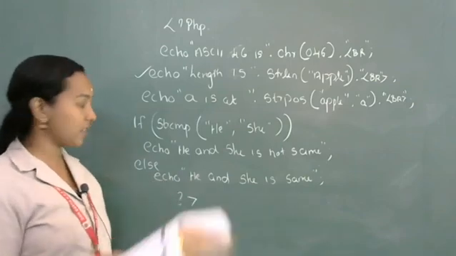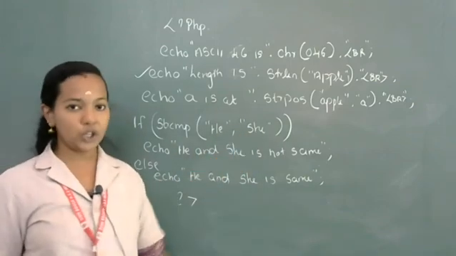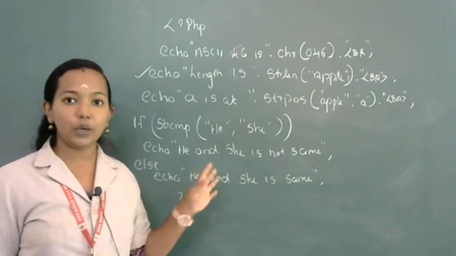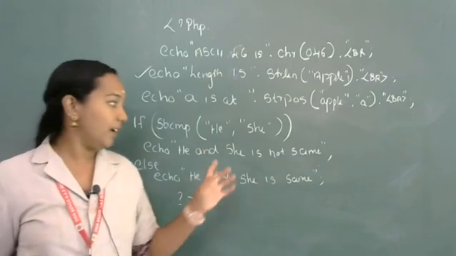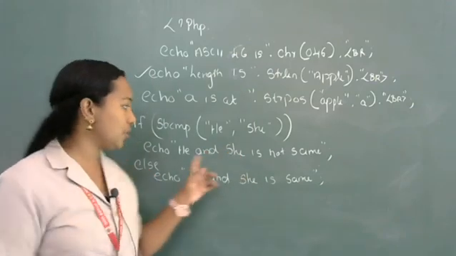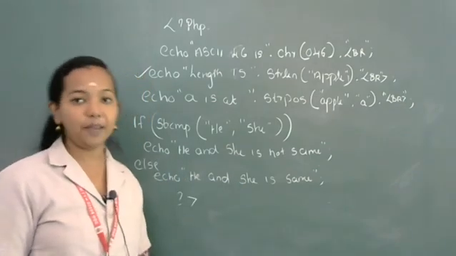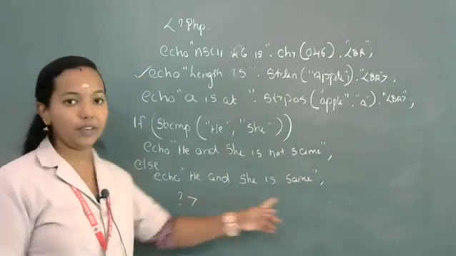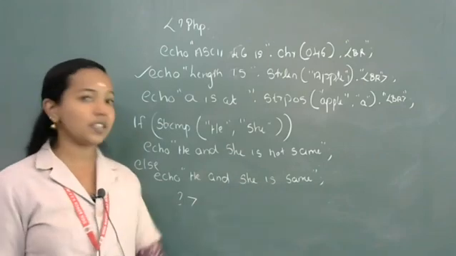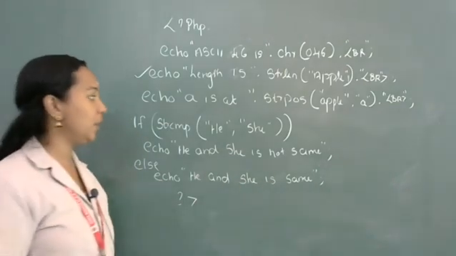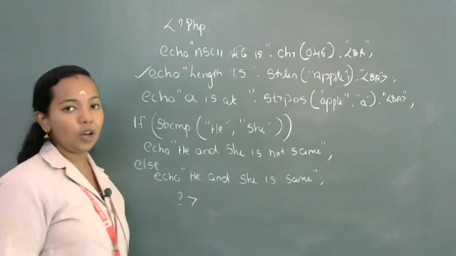Here strcmp of he comma she, both are not equal. So what will be the result? If the condition is true, we will get he and she is not same. If the condition is false, we will get he and she is same. Okay, this belongs to true value and false value.